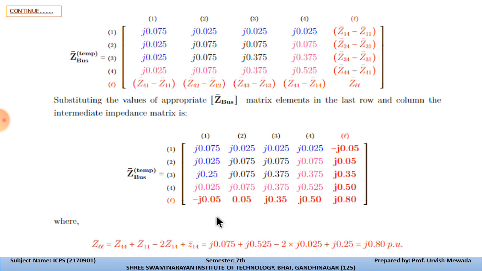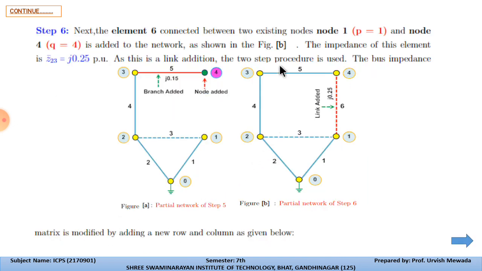Z11 is 0.075, and Z44 is 0.524, minus 2 times Z14. Z14 is the element between 1 and 4, which is given as 0.25.